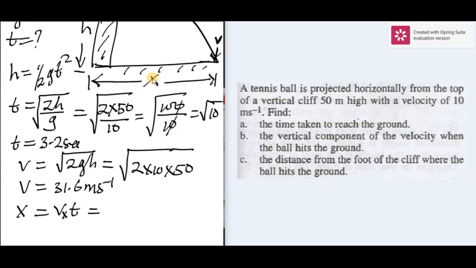Putting in the values from the question, the initial velocity is given as 10 meters per second. That's 10, and the calculated t is 3.2. That makes the range 32 meters.